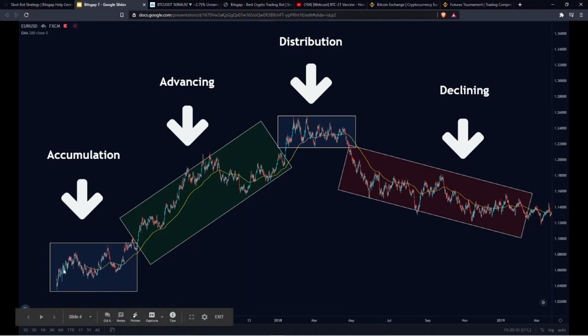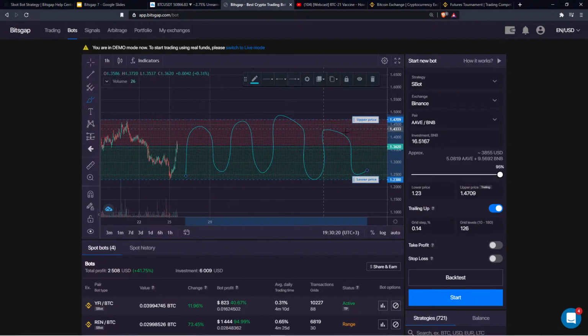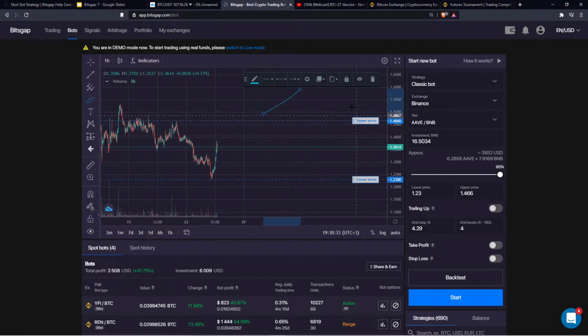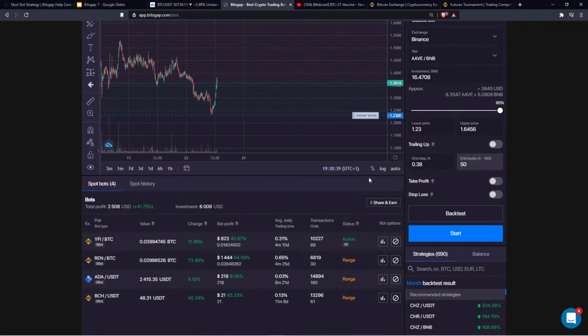So the aim here is to identify which market phase you have right now. For the accumulation phase and for the distribution phase, the best strategy is the SBot. It trades the best, and it generates the biggest returns on the sideways market. Whereas the classic bot is optimal when you expect the market to rally.